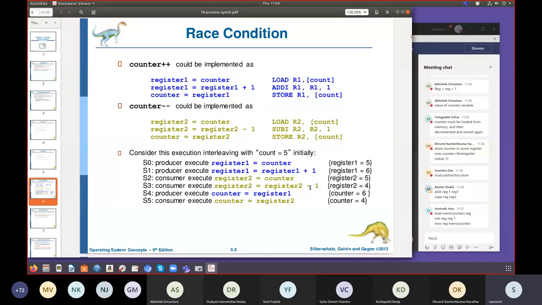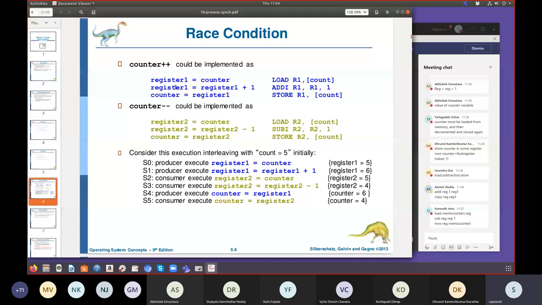The single statement counter plus plus, which we write in a high level language, will actually get down to possibly these three instructions in the assembly language. So first, the count would be loaded into a register, say R1, and then one would be added to it, and then the changed value would be stored into this location count. This is what the producer will do, counter plus plus, these three instructions.